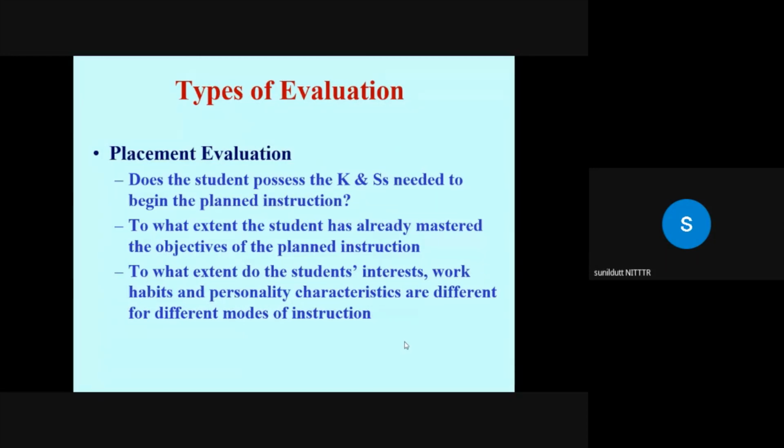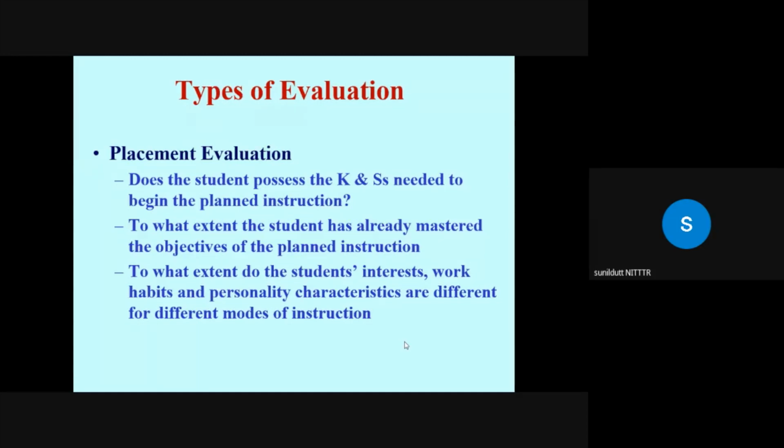So now what you can do is you can tell your students to self-administer that index of learning style, and they will let you know about their learning styles. So you have to adapt your teaching style to suit the learning styles of the learners.